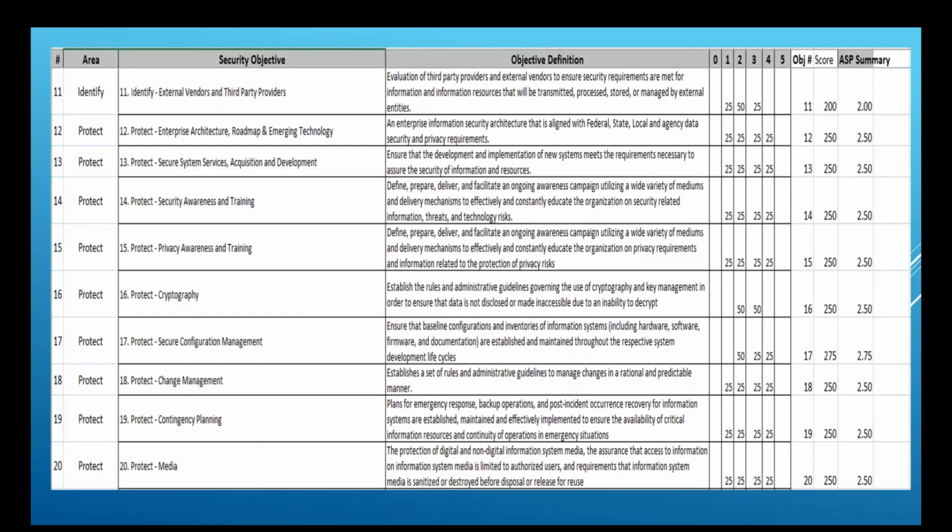Cryptology, number 16. Establishing rules and guidelines governing the use of cryptology and key management in order to protect our data, and make sure that information is not disclosed and is inaccessible with the inability to decrypt. A good example of cryptology is: do you encrypt your laptops? Do you encrypt your data at rest?